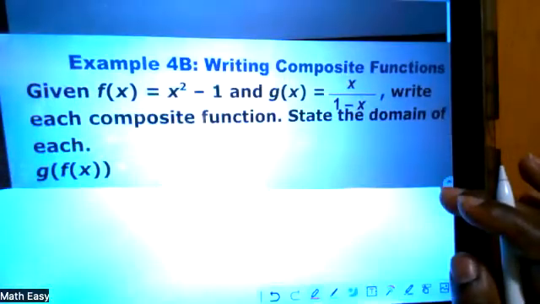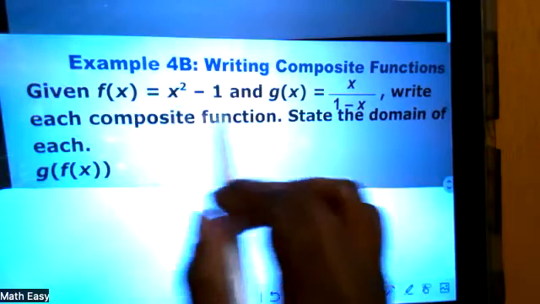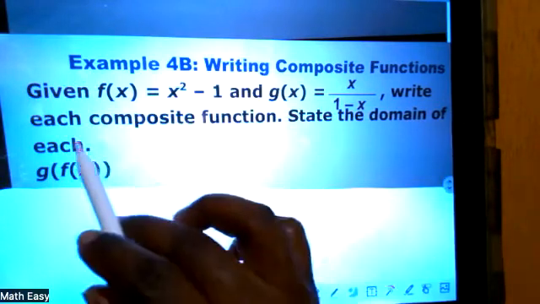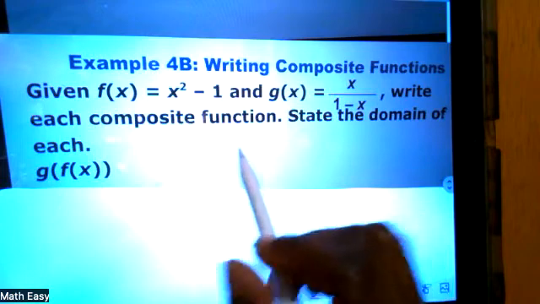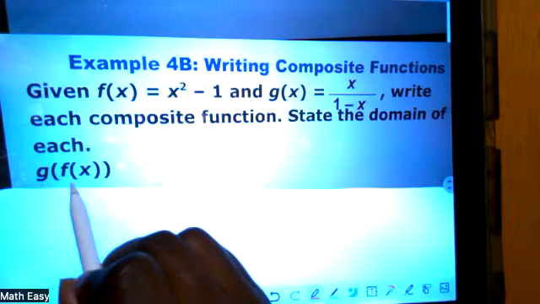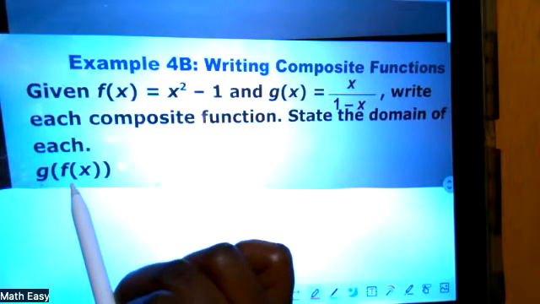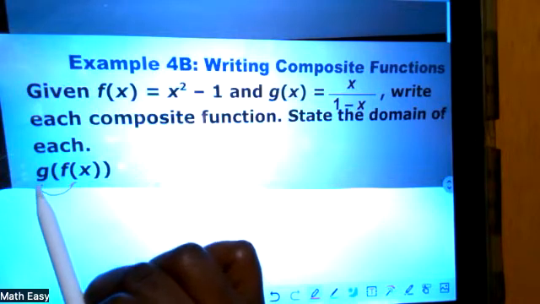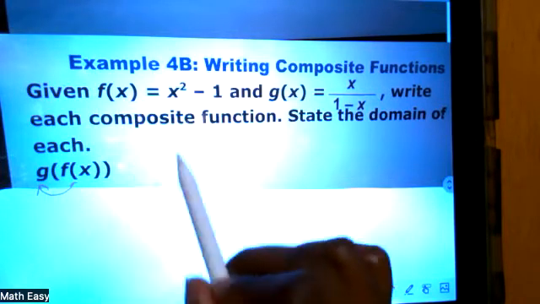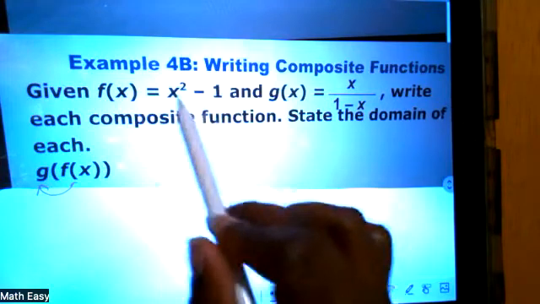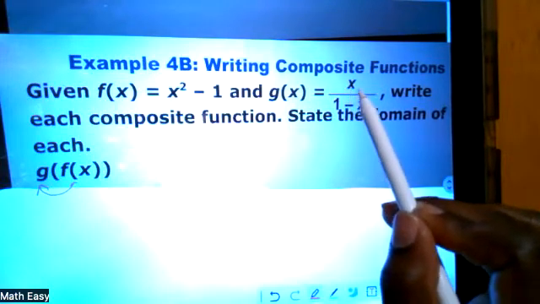One final example. We have f of x and g of x, and we want to write a composite function for gf of x. So we take our f function and enter it into our g function, into our x position.